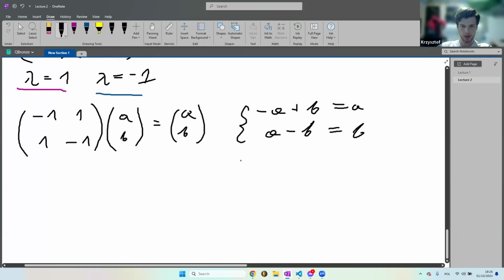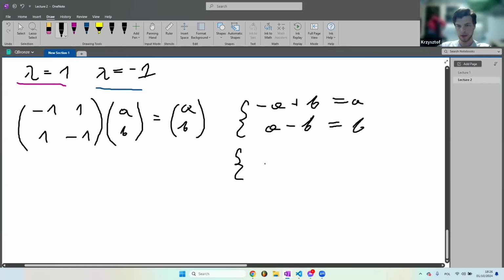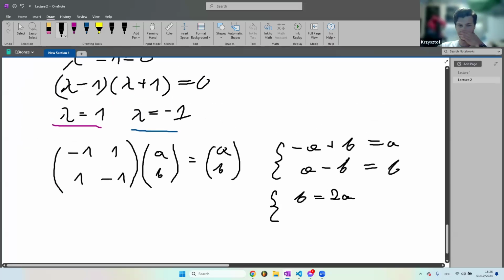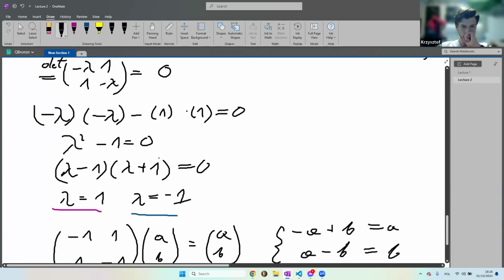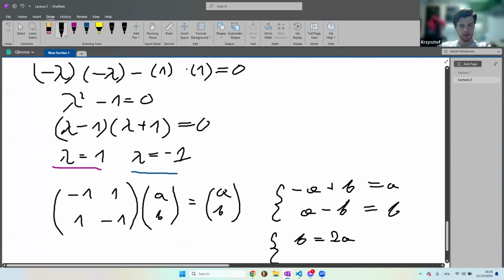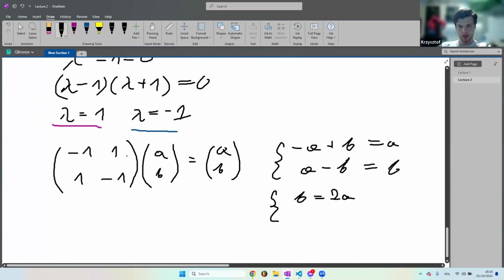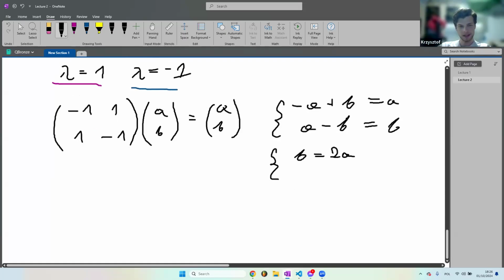Now we can try to rewrite those equations in some other form. So now we have 2B equals A. Actually, it's not correct. I should think of something else, because A should be equal to B. I need a second.